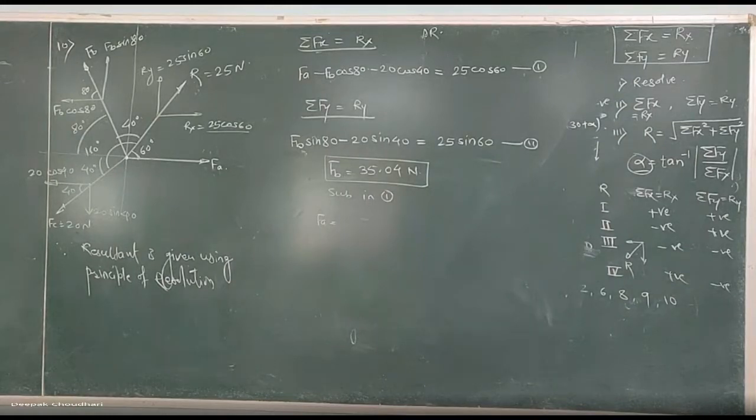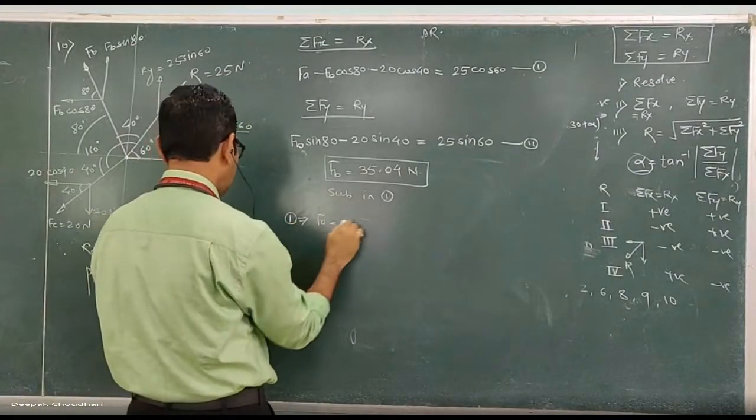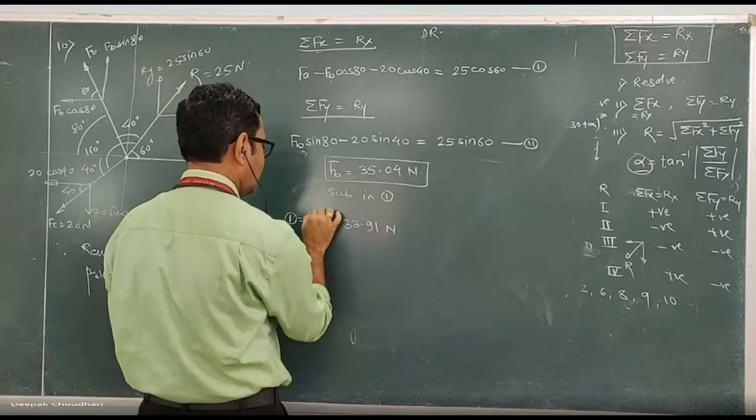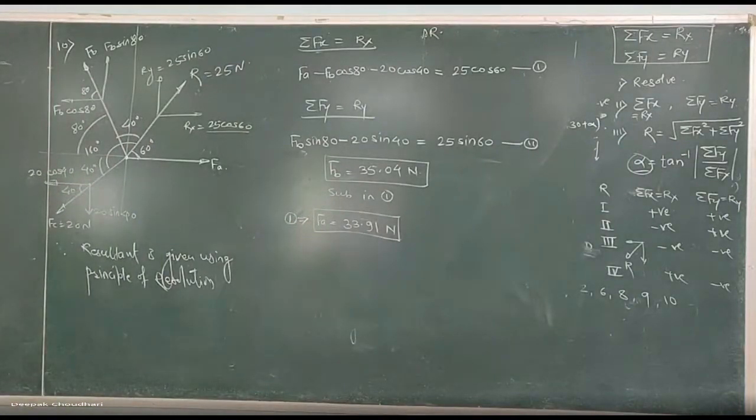Equation हो गया, shift solve 0 equal, you will get Fa. So from equation 1 you will get Fa, which is 33.91 Newton. Yeah, these are the values of Fa and Fb to get this as a resultant. Any doubt?